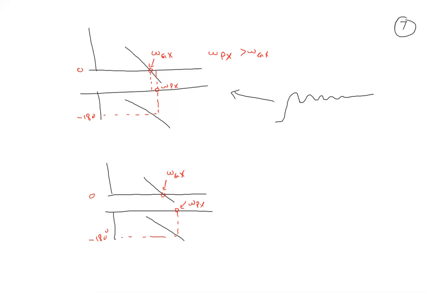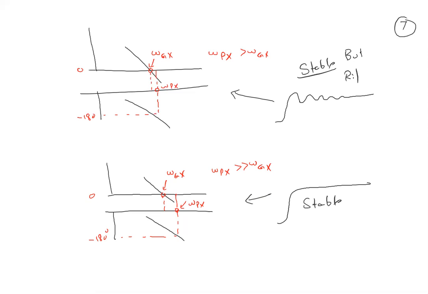If they are far and omega px is greater than omega gx by a good amount, now what will happen? My system response will be like this, stable. This is stable. This is also stable, but ripply. They are ripples. I don't like this system response because of the ripples. It will take some time before it settles down.